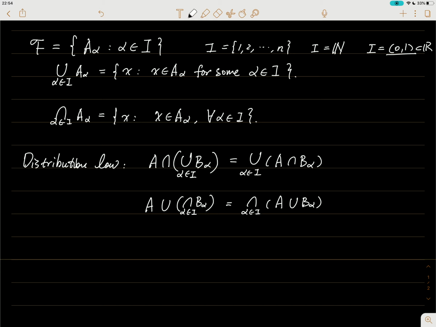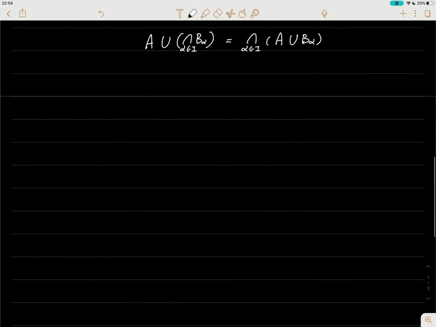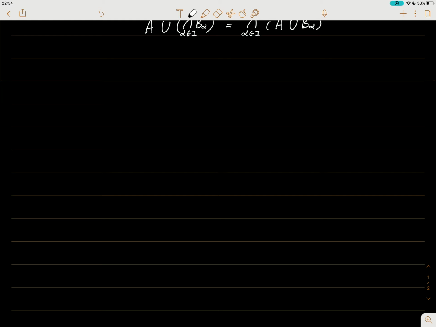Okay, this is called the distribution law. So again, you can have finitely many B alpha or infinitely many of them, and this will always hold. Now let's see some examples.